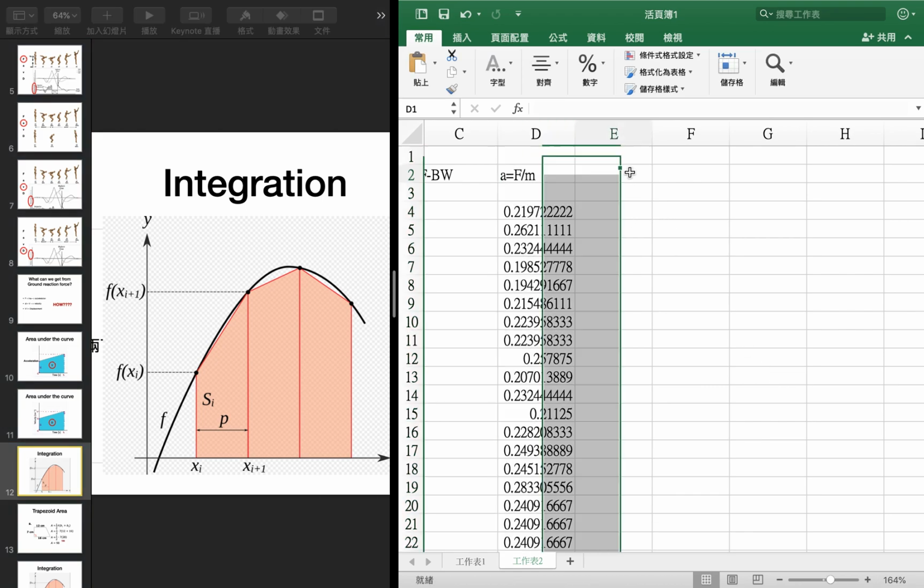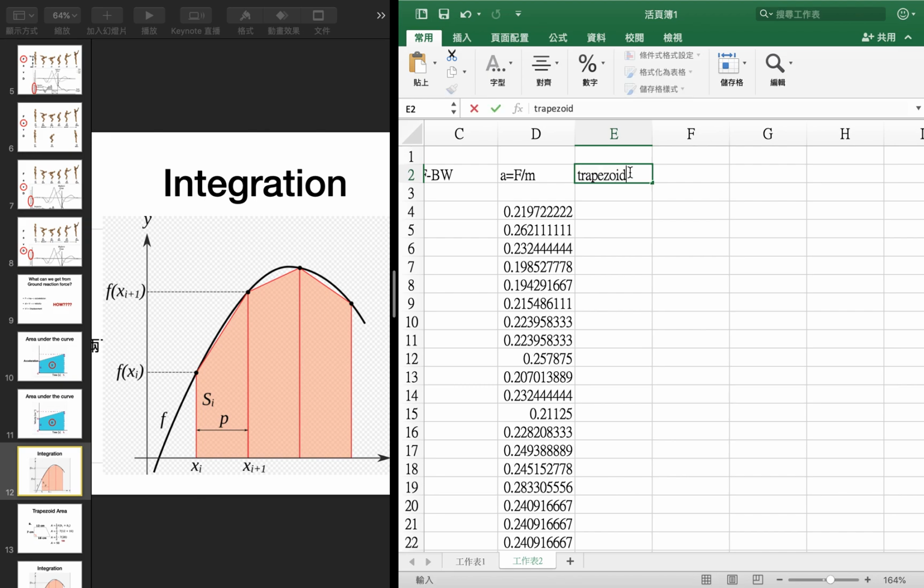So here, we're calculating trapezoid area. So we need this one plus this one times time divided by 2. And because two data points form one area, these two data points will give us one area. That's why I go down one block. And then these two values will give us one area.